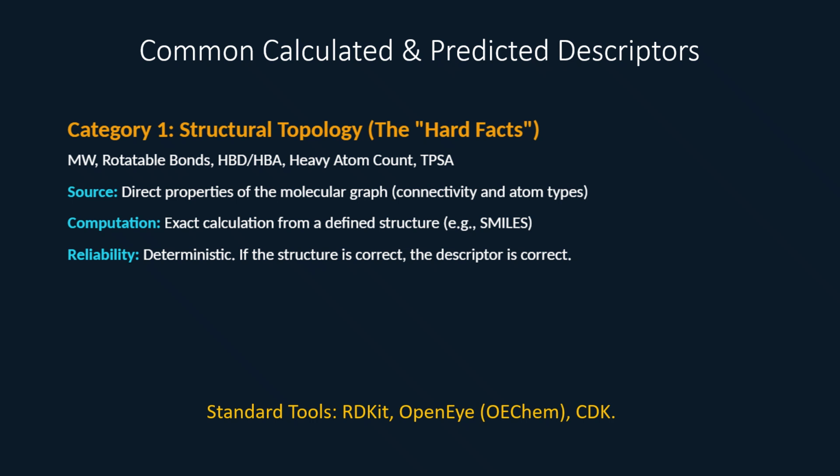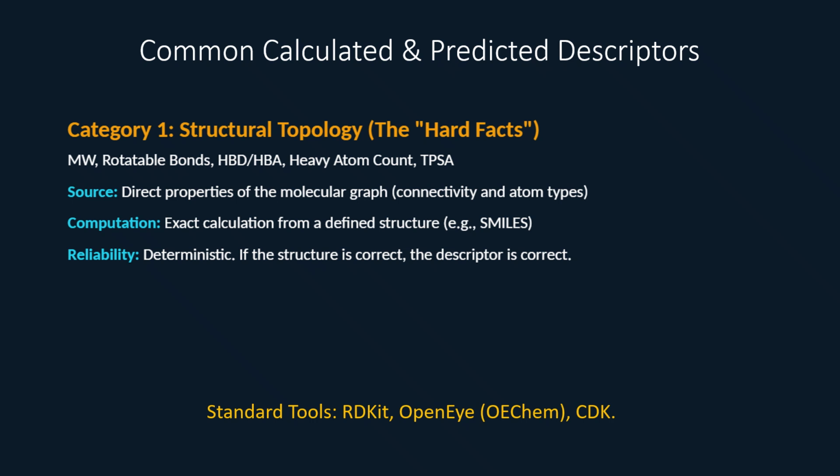The source of these descriptors is the molecular structure itself, specifically the connectivity and atom types encoded in the molecular graph. So they are calculated exactly from a defined structure, such as a SMILES representation, using standard cheminformatics rules.